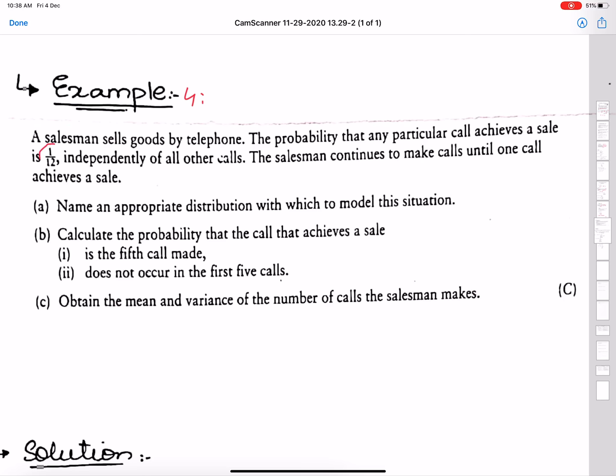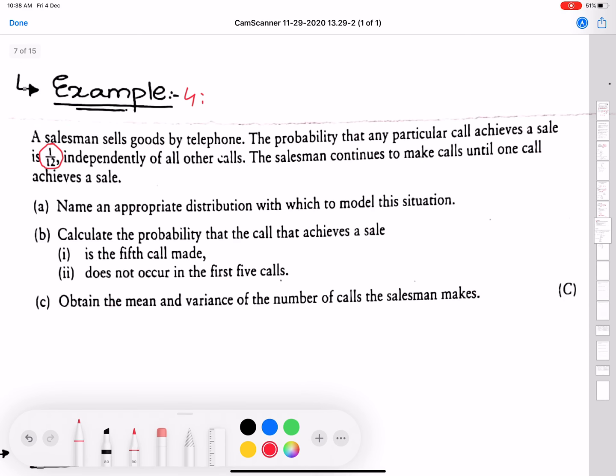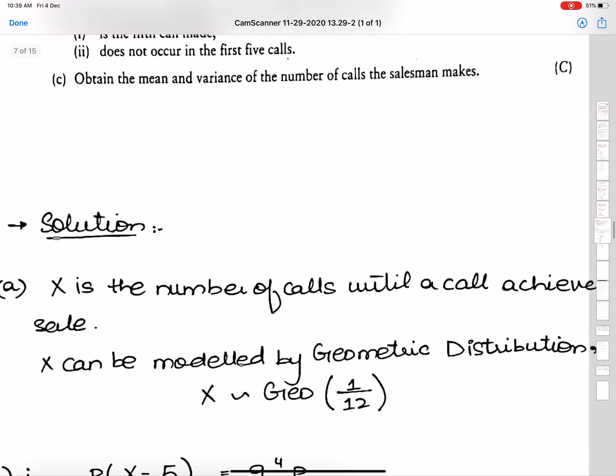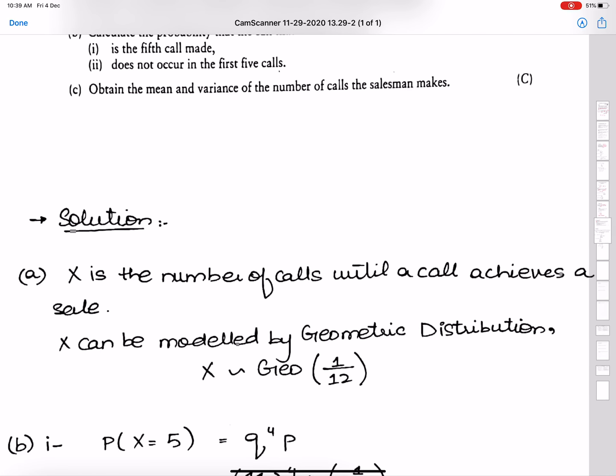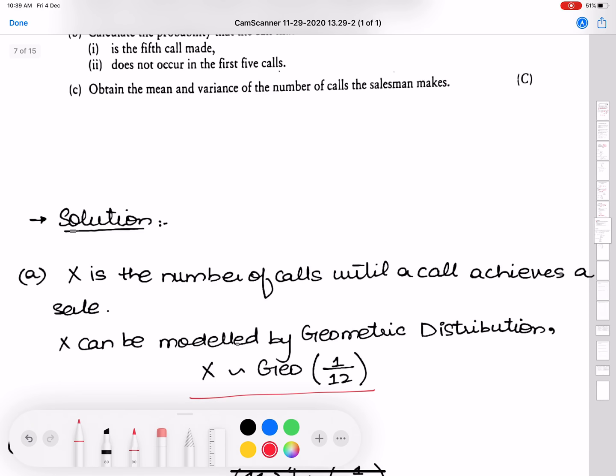This is P, 1 upon 12. Independently of all other calls, the salesman continues to make calls until one call achieves a sale. This is the geometric model. Of course, this is geometric, so X is the number of calls until a call achieves a sale. So this can be modeled by geometric like this.